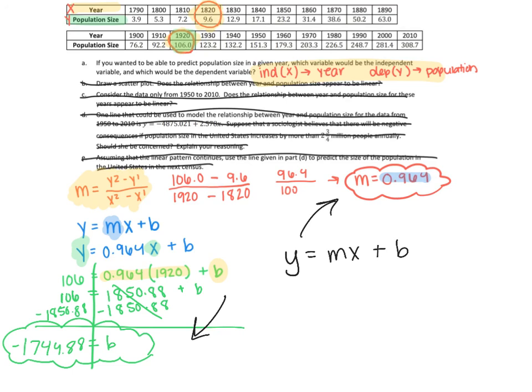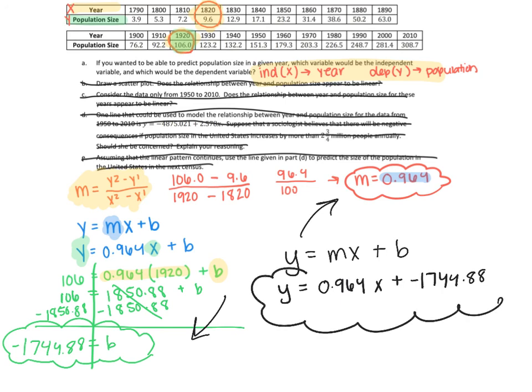All right, and this in the end should say y equals 0.964 x plus b, which is negative 1,744.88. All right, and that is our final equation. Later we will be able to use that equation to make predictions based on values that they give us. Maybe we want to predict the population in 2040. We could use this equation to do it.